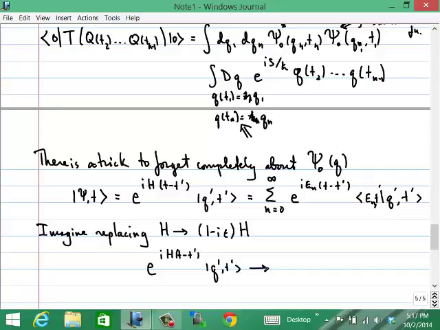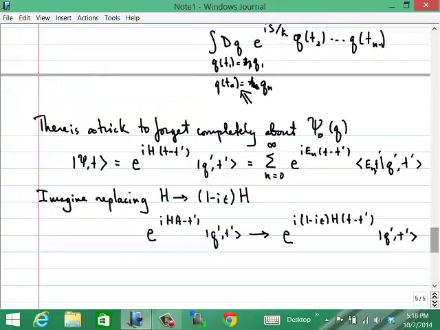Well, that goes to e to the i (1 minus i epsilon) h times (t minus t prime), acting on q prime t prime. Or, if you expand in terms of these energy eigenstates, you get factors of e to the i (1 minus i epsilon) E_n times (t minus t prime).